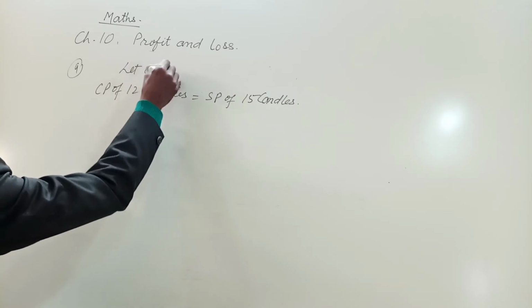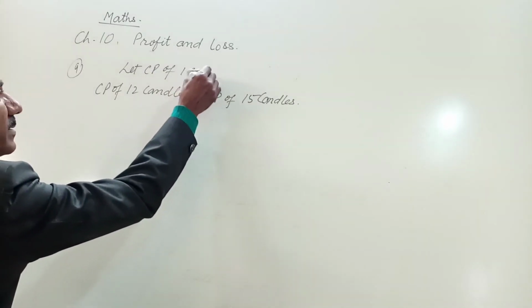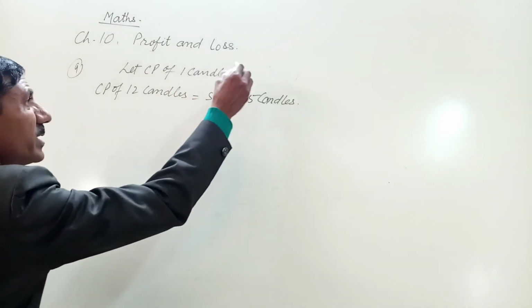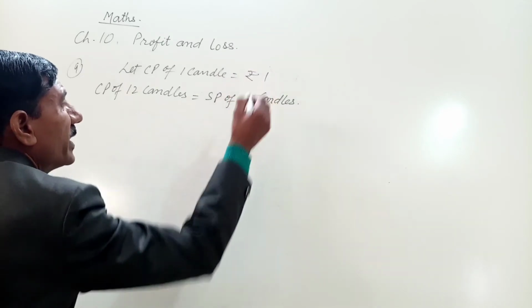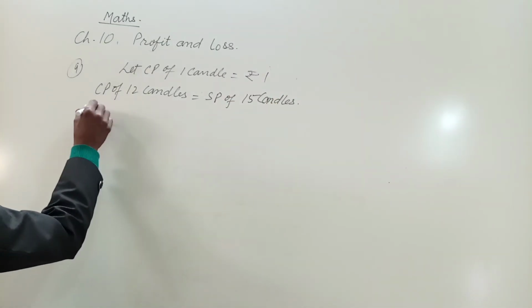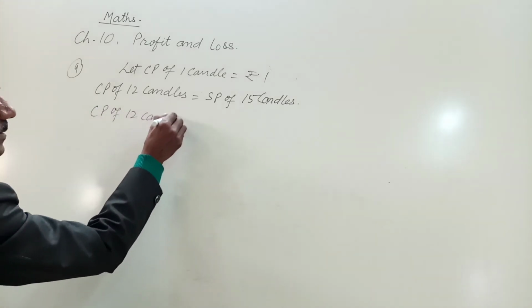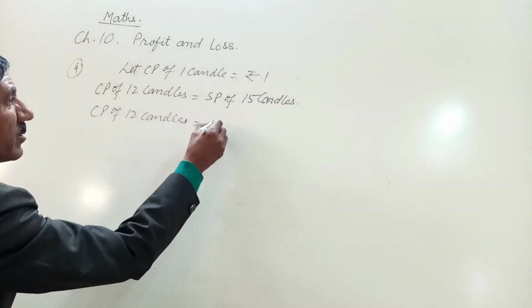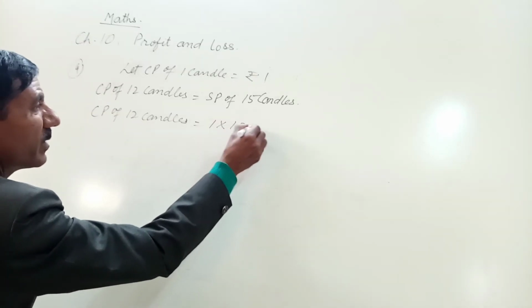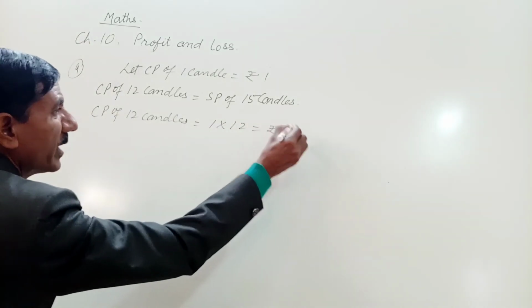let CP of one candle be equal to rupees 1. And the CP of 12 candles is equal to 1 into 12, equal to rupees 12.